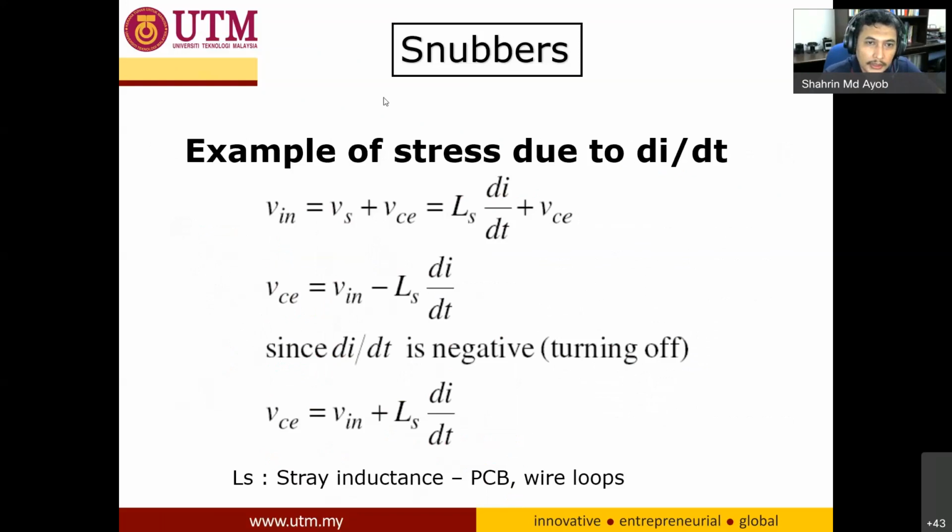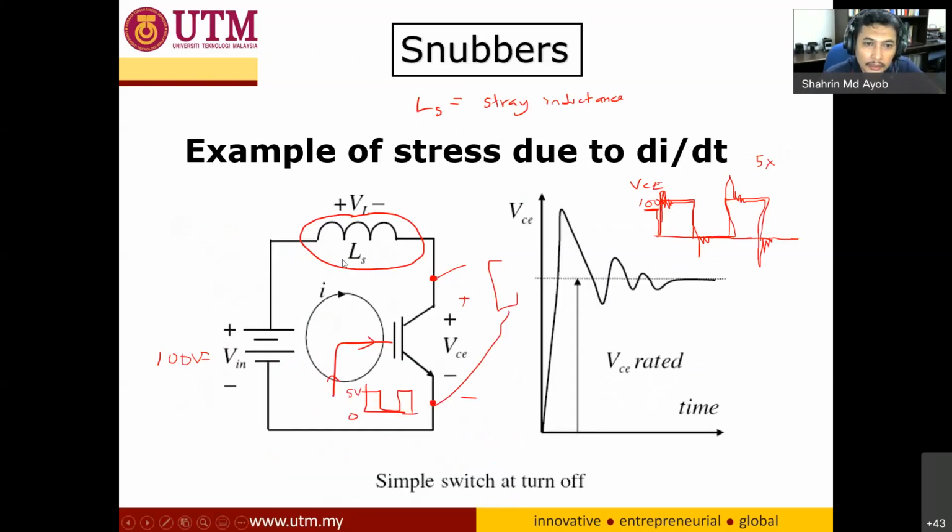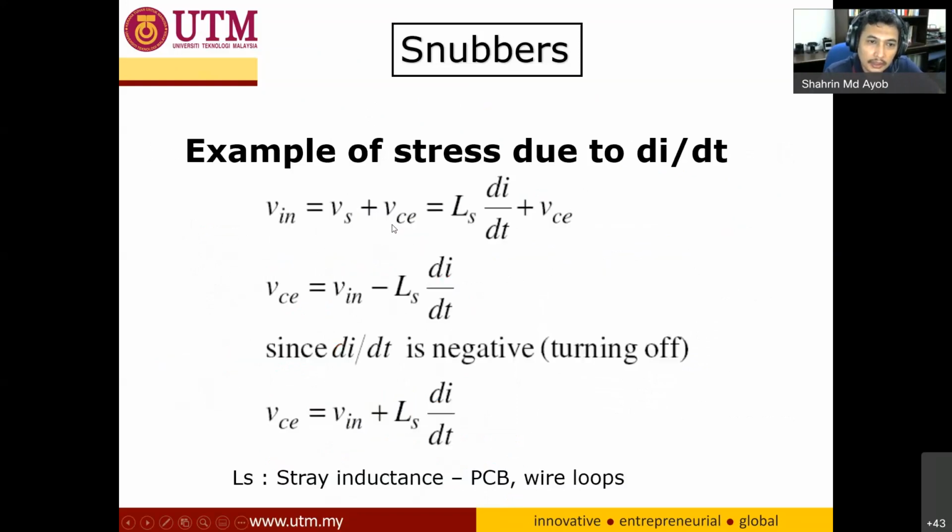Okay, so this one is an example of why the inductor will give the transistor VCE output like this. As you can see here, this is the voltage across the inductor, and this is the voltage of the transistor.